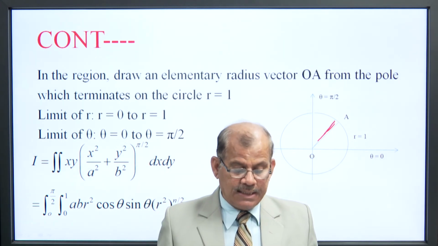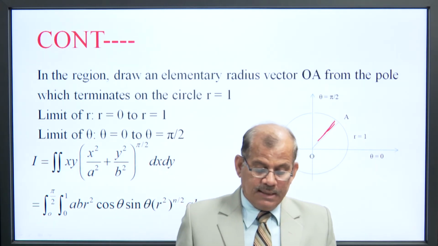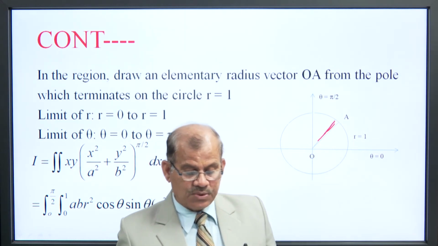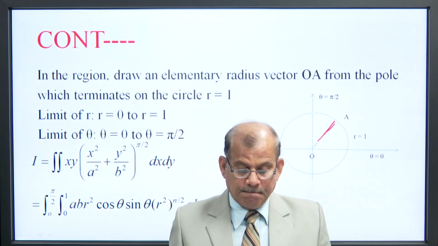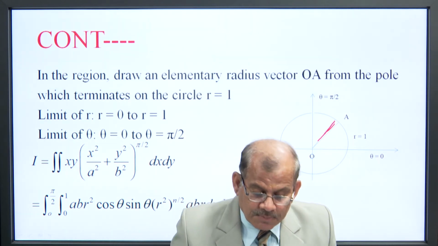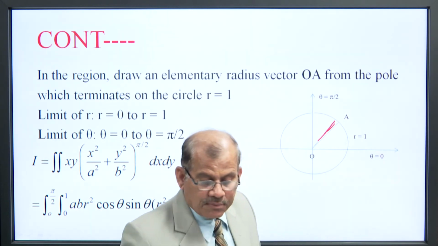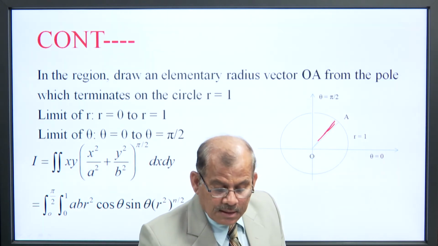Integrating the given integral, which is the double integral of xy times (x square by a square plus y square by b square) raised to the power n by 2.